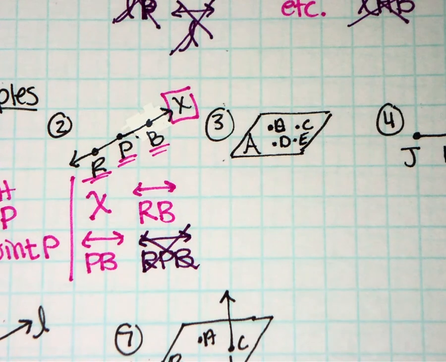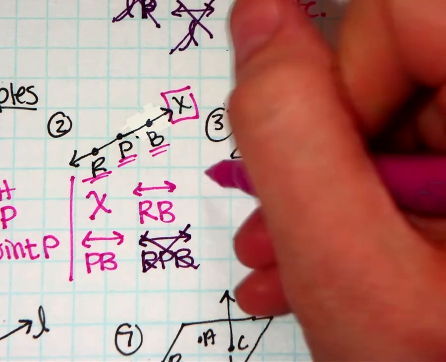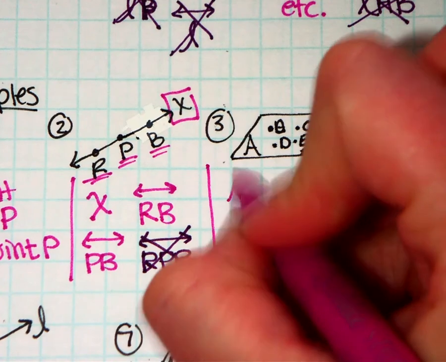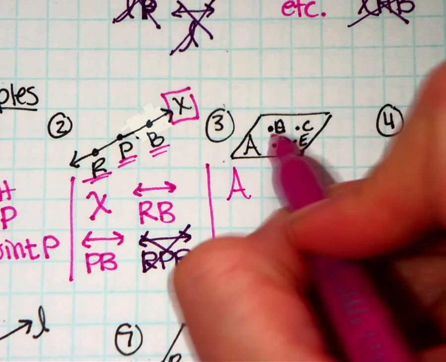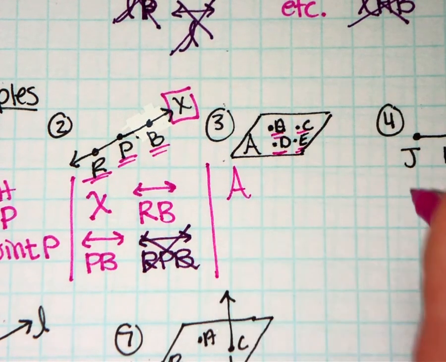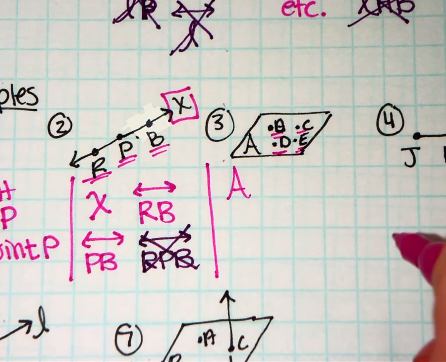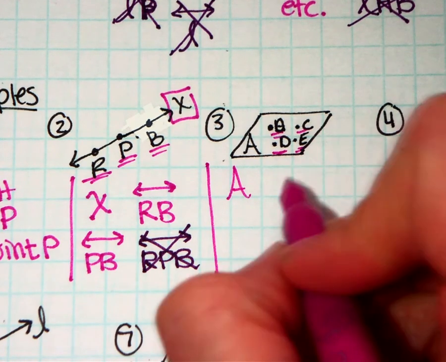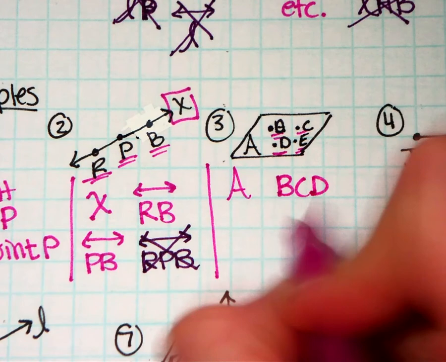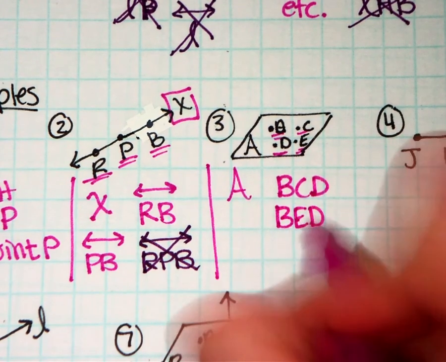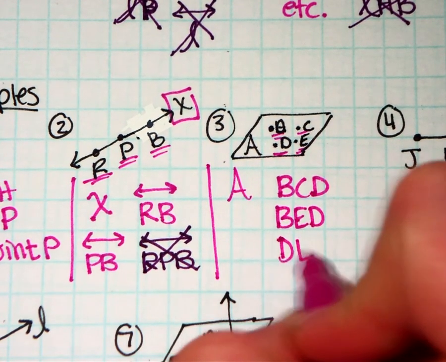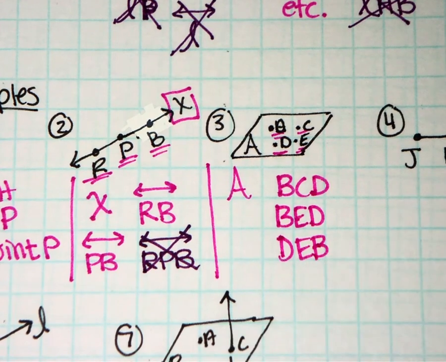Same with a plane. You still name a plane with an uppercase cursive letter, so cursive A. And since now you have 4 points to pick from, you just combine any 3 of the 4 together. So B, C, D, or B, E, D, D, E, B. Any combination of those will work.